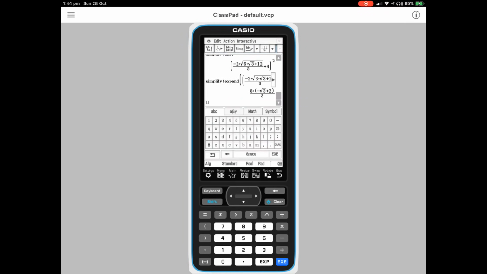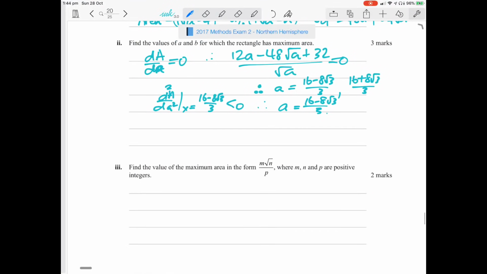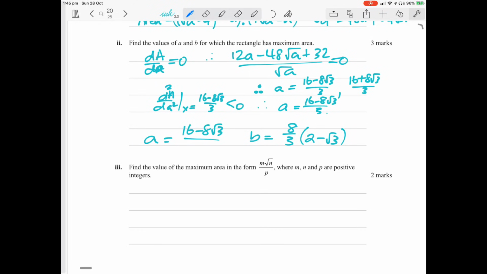So when I expand it, I get 8 on 3, 2 minus root 3. B equals 8 on 3, 2 minus root 3. And A is 16 minus 8 root 3 on 3.